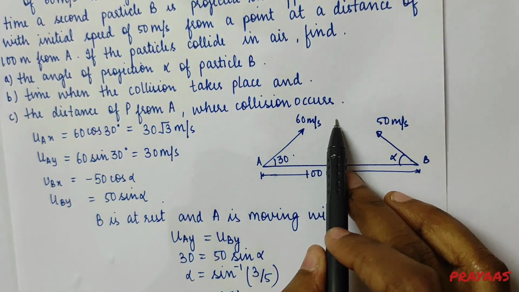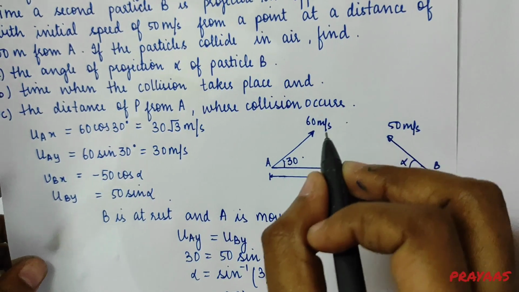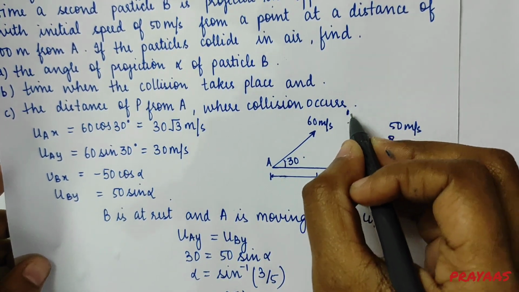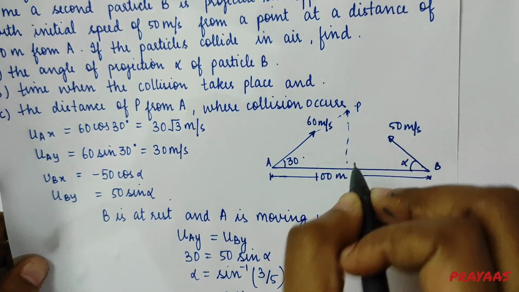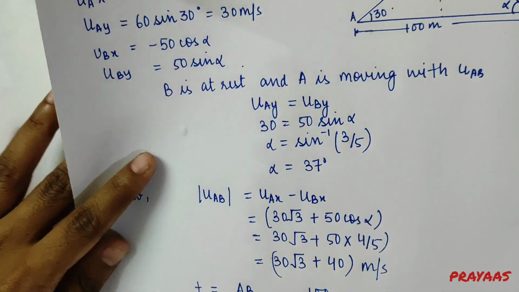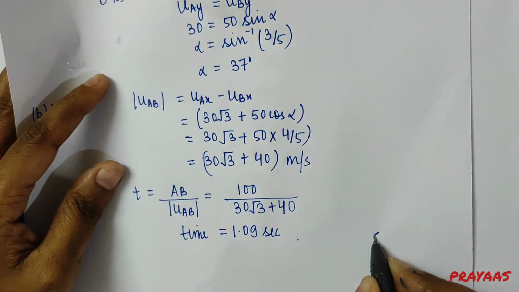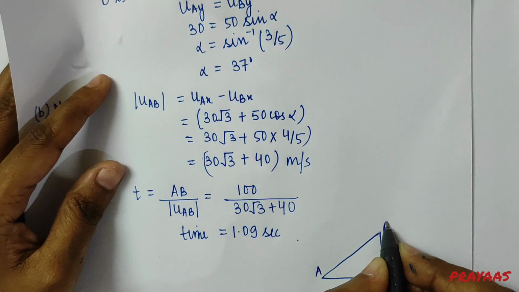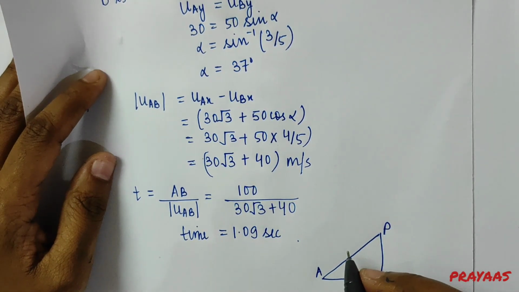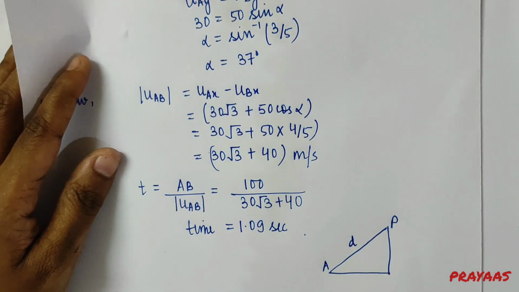Now the point where the collision takes place. Let the collision take place at a point P. So I am drawing the figure for this. This is point A, this is point B. This distance I am taking as D, the distance from A where the collision occurs.